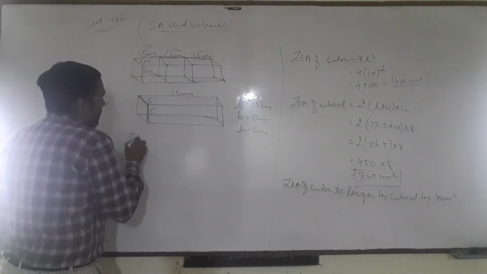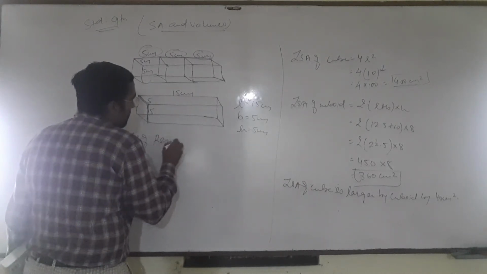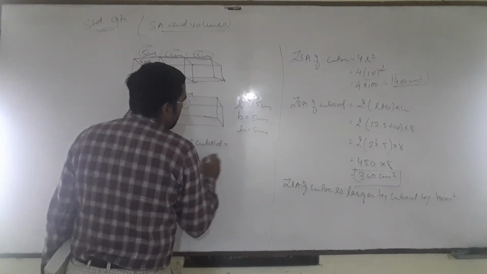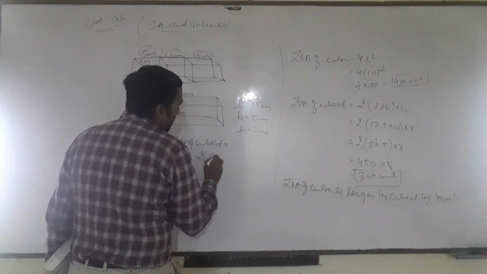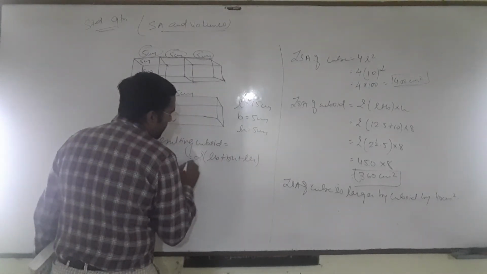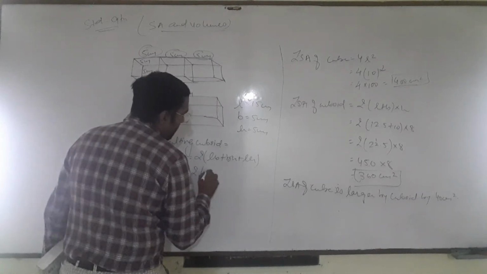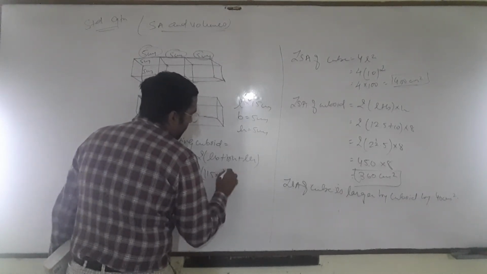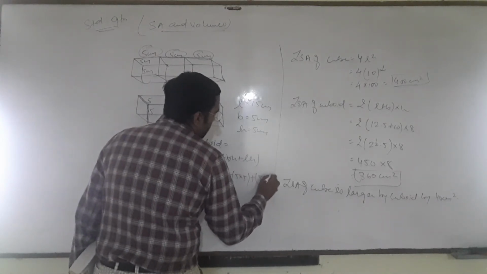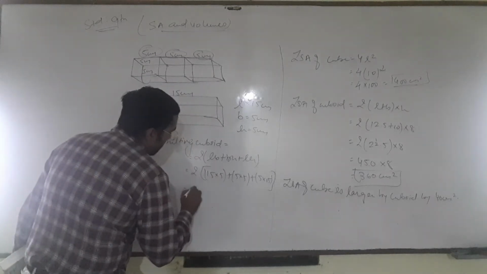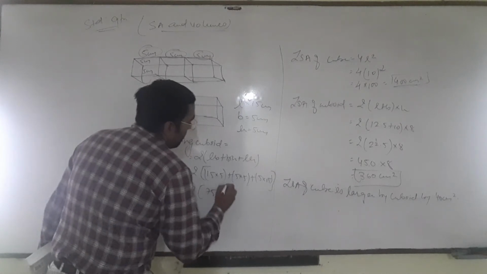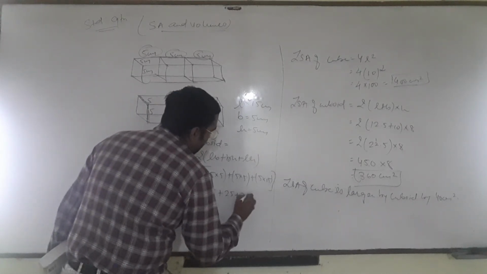So the surface area of the resulting cuboid is 2 times (LB plus BH plus LH). Therefore, 2 times (15 into 5 plus 5 into 5 plus 5 into 15). 15 into 5 is 75, 5 into 5 is 25, 15 into 5 is 75.